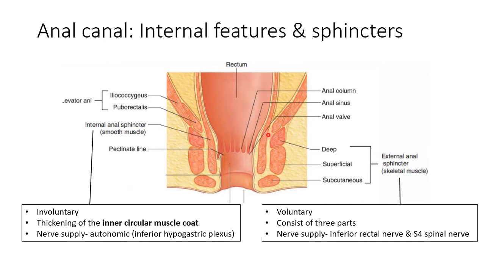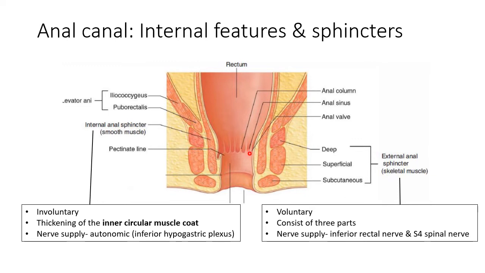So from that point going down, that's the anal canal. In the upper part you see different structures. So you see these mucosal folds that we call the anal columns, and as you can see, the anal columns will end down in these inverted arches that are called the anal valves.